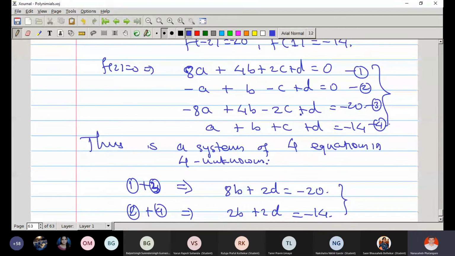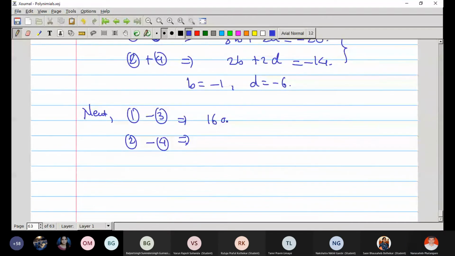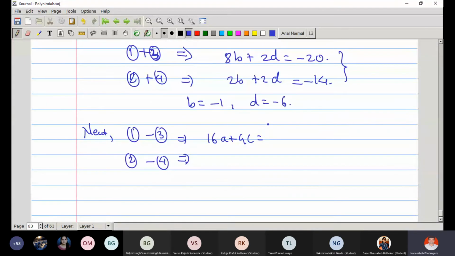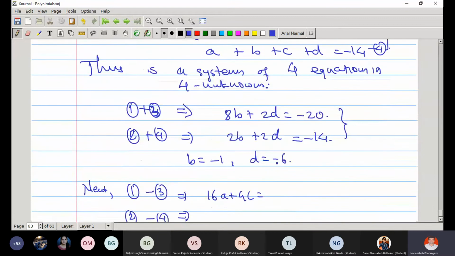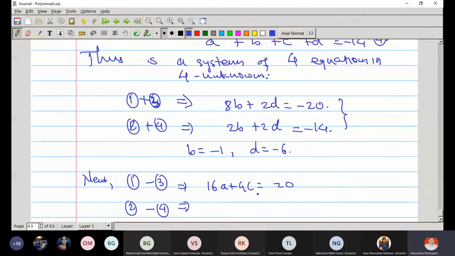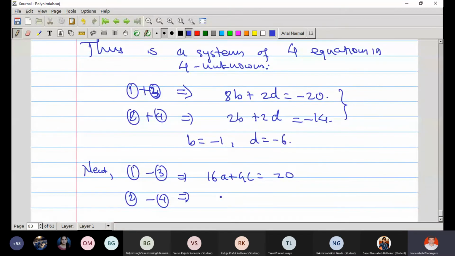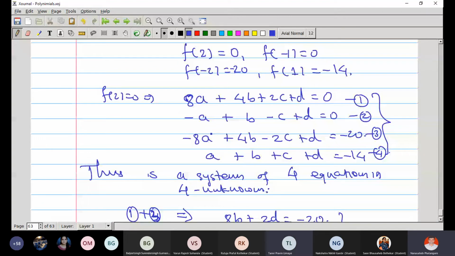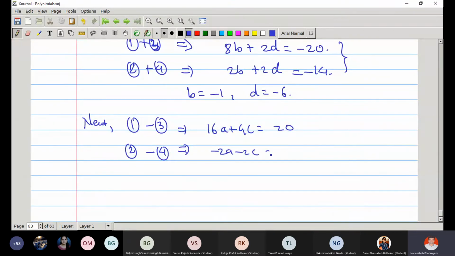Or you directly substitute the values of b and d, and you will get expressions in terms of a and c. And 2 minus 4, or 4 minus 2, same thing, gives minus 2a minus 2c is equal to 14. So these are two equations in a and c, and then get the values of a and c. So a is equal to, and c is equal to.